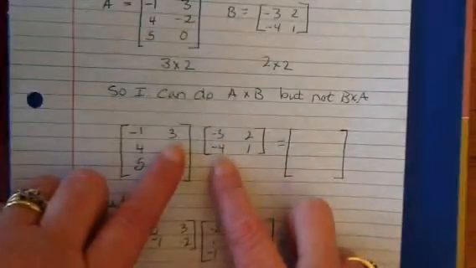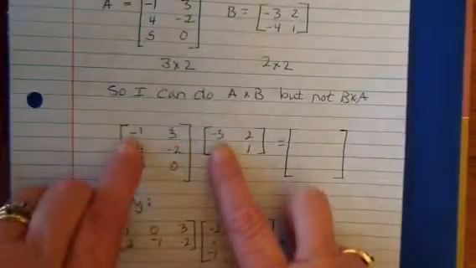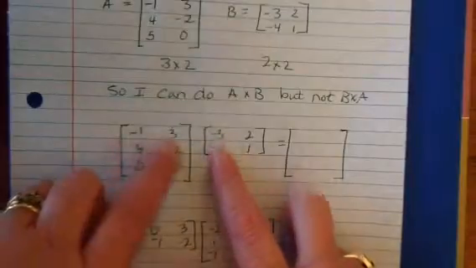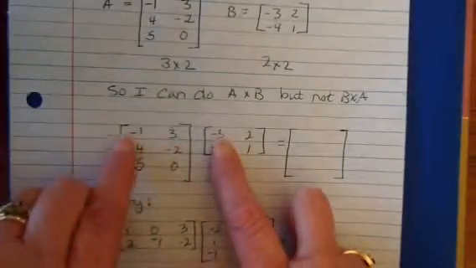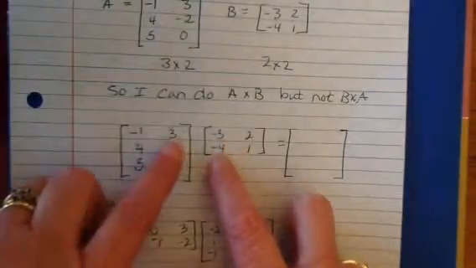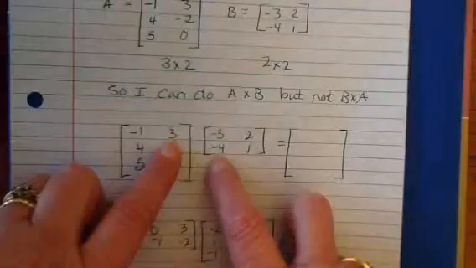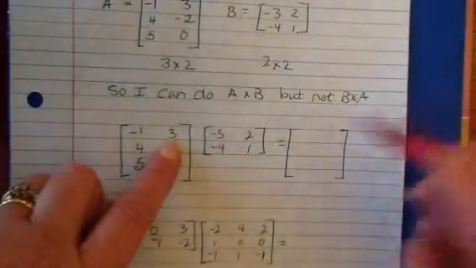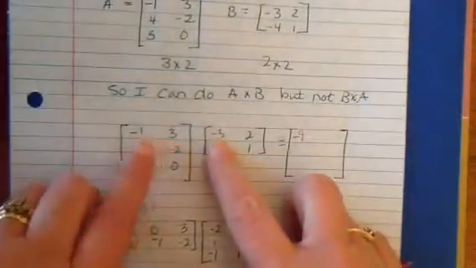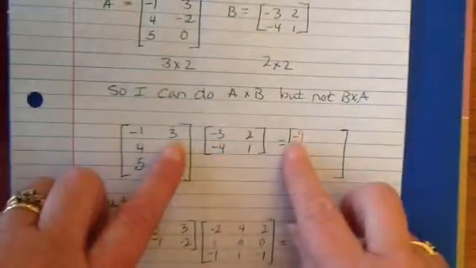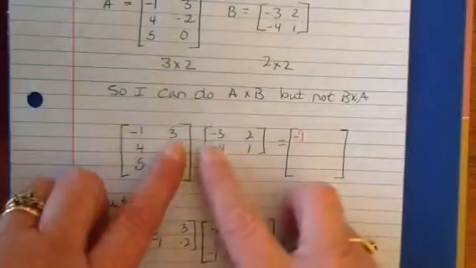I'm going to then multiply going across the row and down the column. What is 3 times -4? -12. So +3 and -12 makes what? -9 when I combine them. And that is going to go right here because it's my first entry in my matrix. Let's do another one.